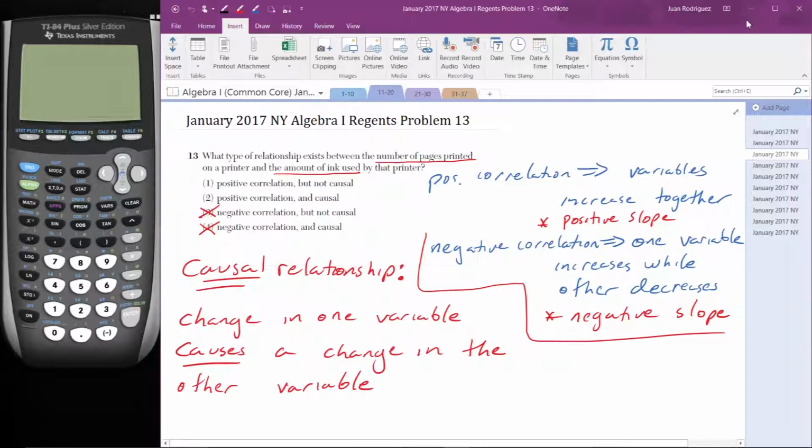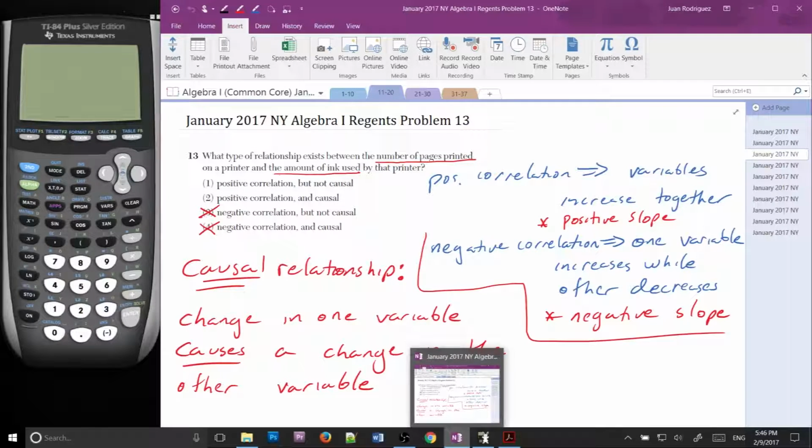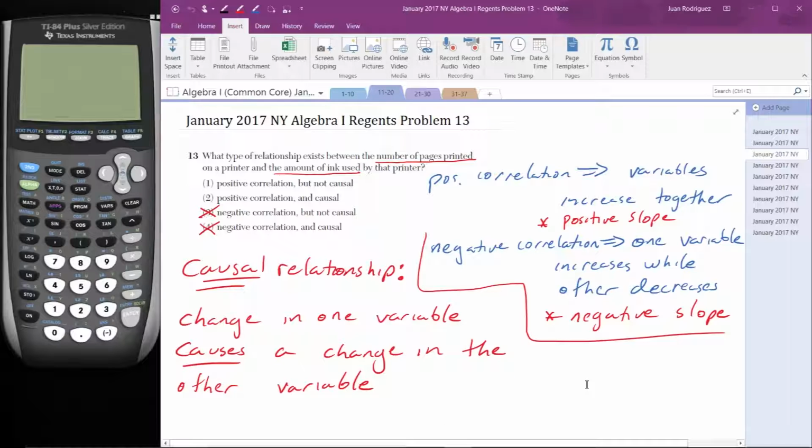It's pretty funny. So we need to establish, is this relationship causal or not? Let's see what's going on here. We can imagine that pages are being typed on a computer screen, and then the print button is pressed, and a page comes out with words on it that were created by ink. So is this a causal relationship?